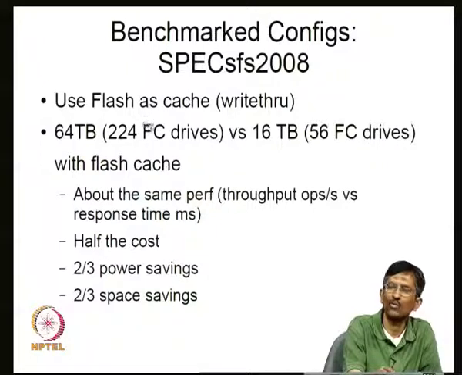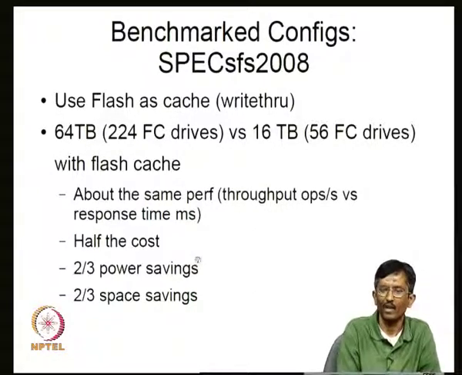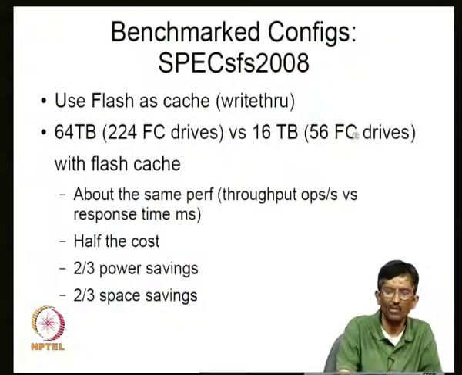So it becomes possibly 6 kilovolt ampere. So you are talking about a fairly big power system for this, whereas with the flash cache system you will have a much smaller one, probably 1 kilovolt ampere. So power savings is there.